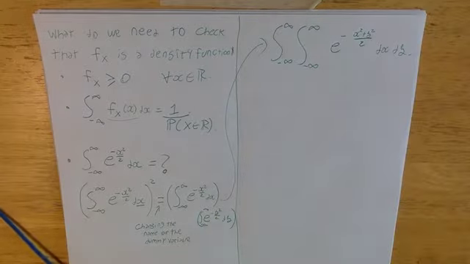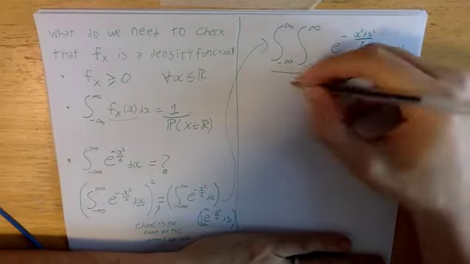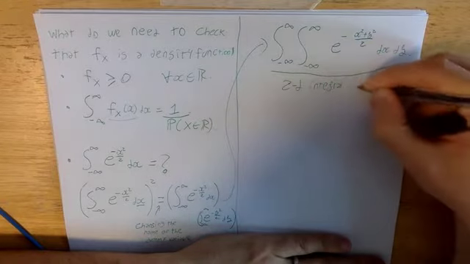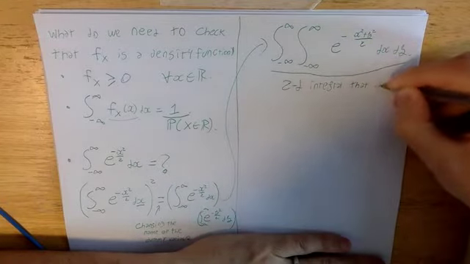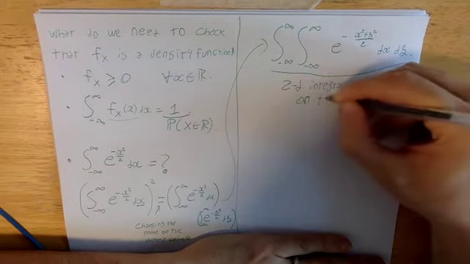Okay, but what happens here is that this is a 2D integral that depends on the radius.